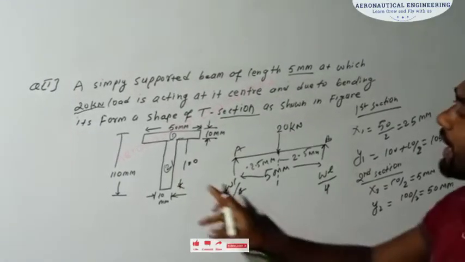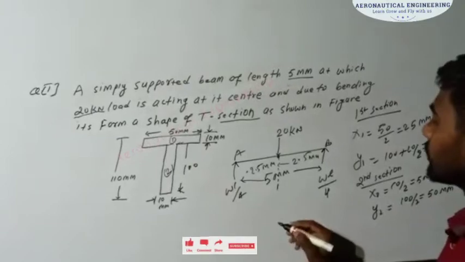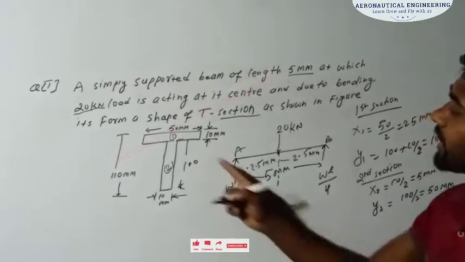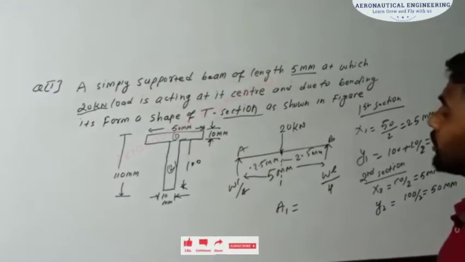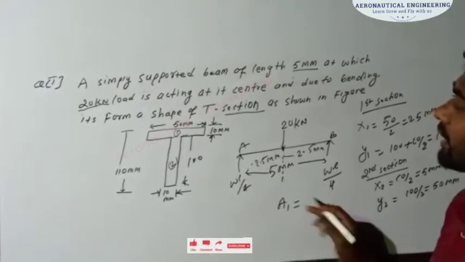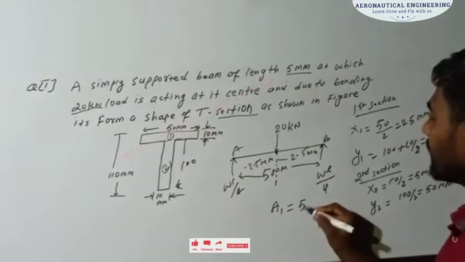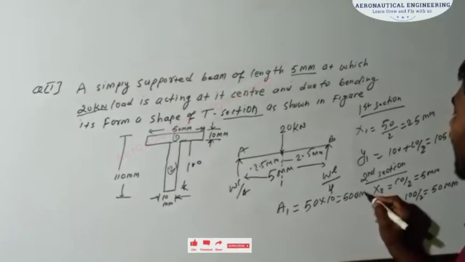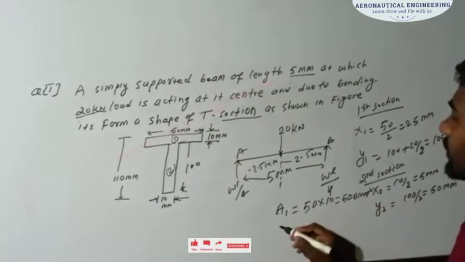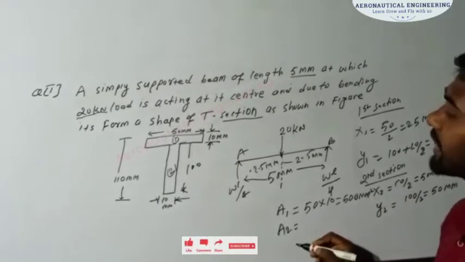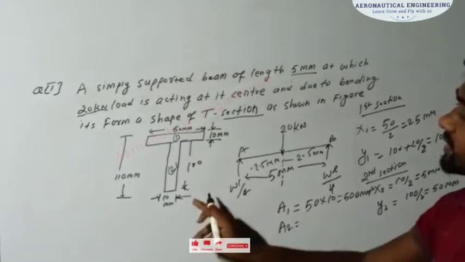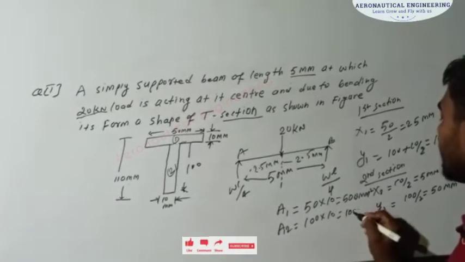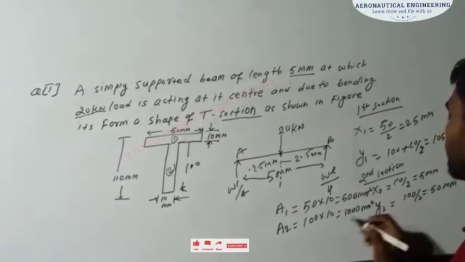Now we find the area of each section. I take A1 as the area of the first section. The given section is a rectangle, so area is length into breadth, 50 into 10, which is 500 mm square. Similarly, A2 is the area of the second section, 100 into 10, that is 1000 mm square.